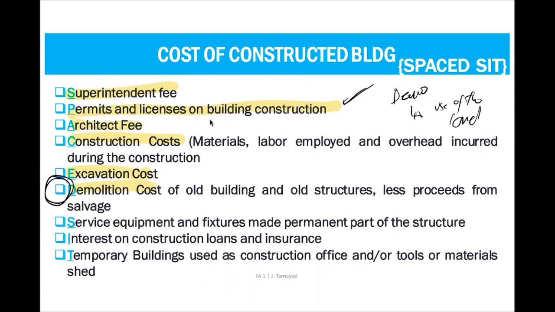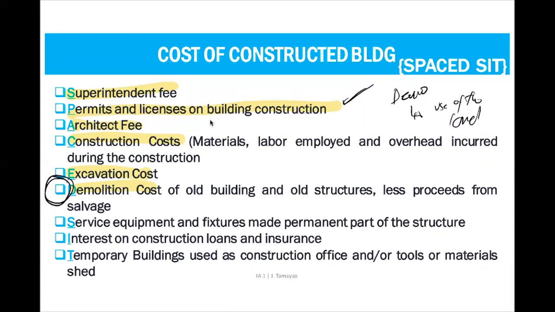Therefore, you attribute that cost of demolition to the building. Yung isang example natin kanina, may lupa, may bunkhouse. Tinanggal natin yung bunkhouse para gamitin natin siya as agricultural land. Ano yung purpose? To make use of the land. This one naman, to create a new building. So ingat kayo sa demolition cost. Not all demolition cost is attributable to the building itself. It can be attributed to the land also.